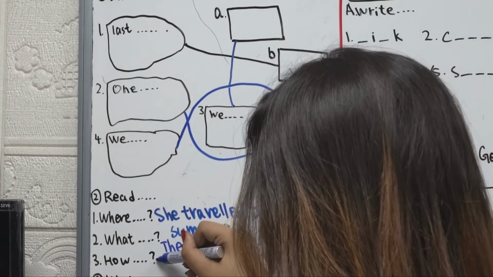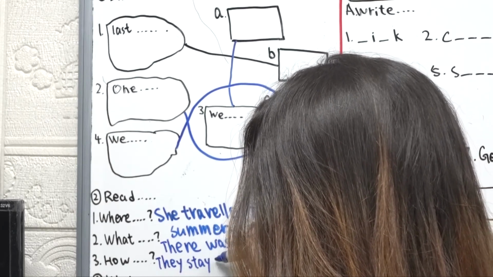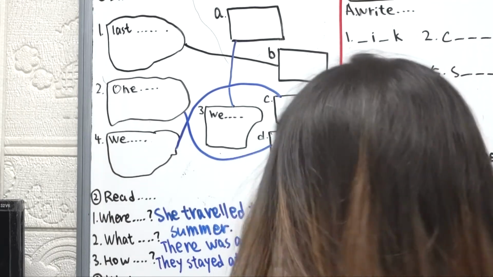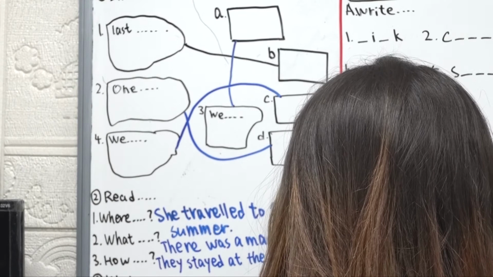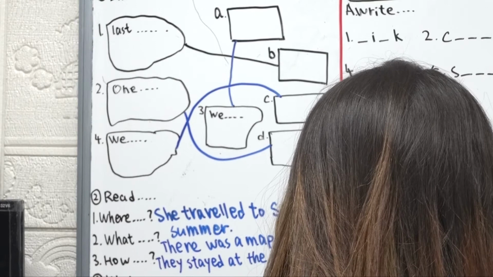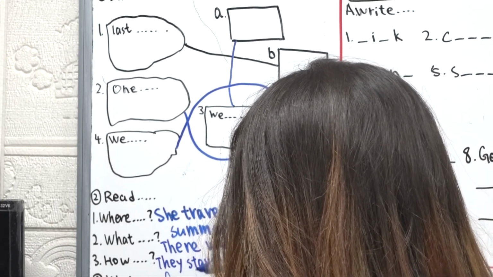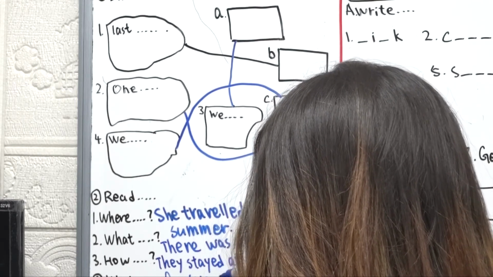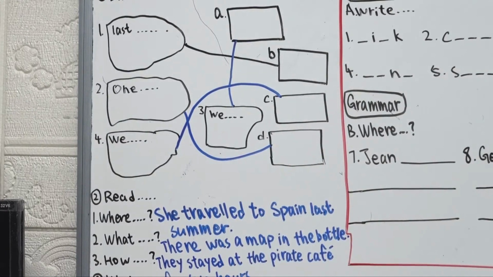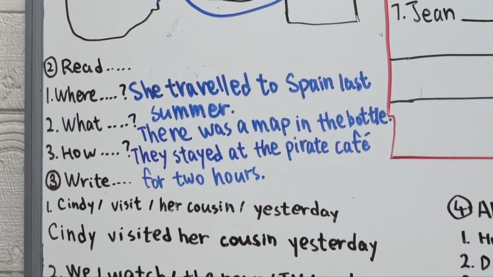So the answer is they stayed at the Pirate Cafe for 2 hours. So that is 1, 2, 3. All right, they stayed at the Pirate Cafe for 2 hours.